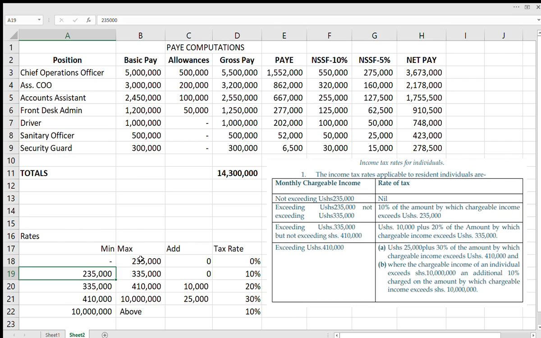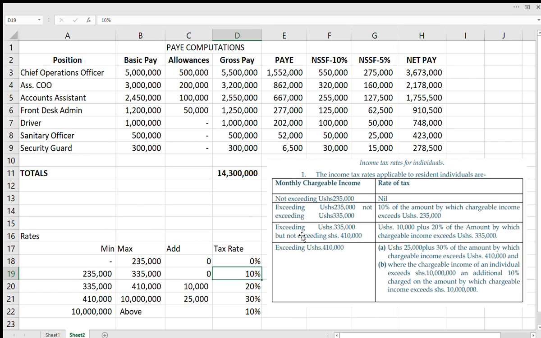So from 0 to 235,000 the tax rate is 0, and we don't have any amount to add. But from 235,000 not exceeding 335,000, we don't have any amount to add, but we shall use a tax rate of 10%.